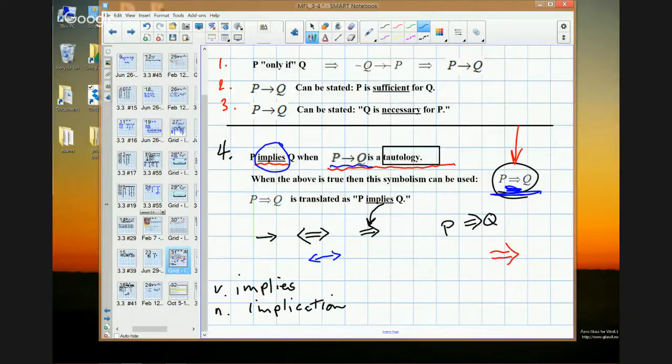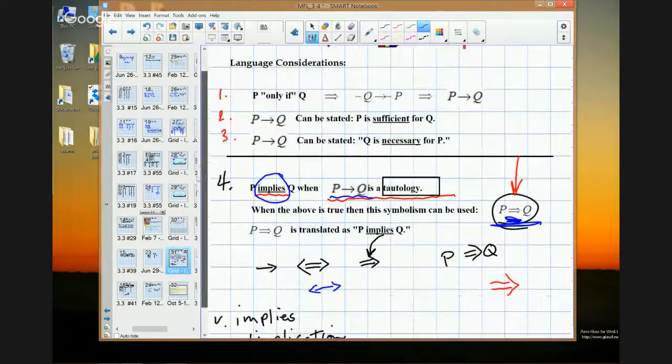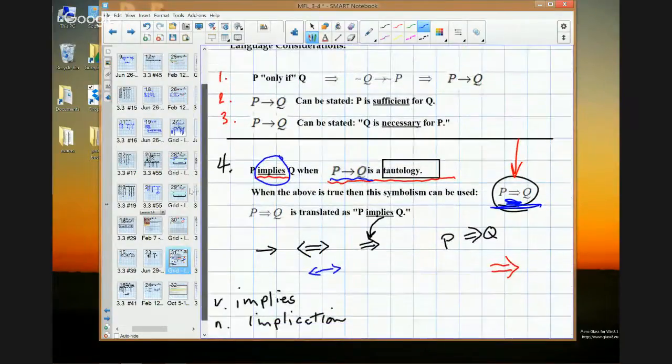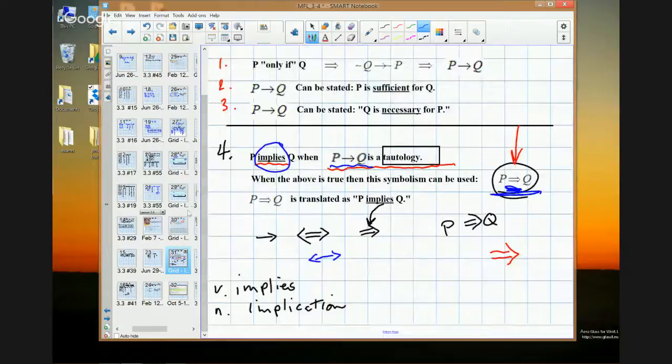So how do you know if you have an implication? There's only one way. Set up an if-then situation and do the truth table and see if you get truths all the way down. And that's of major importance. Okay. Yeah, I know that's a lot, but there's all this language stuff we needed to talk about. Add that to the and but situation. It's almost like an English class today.